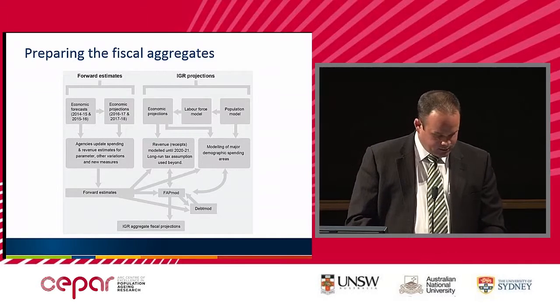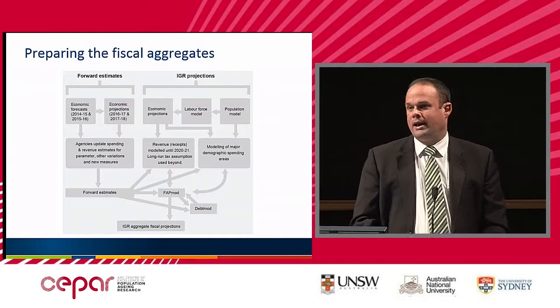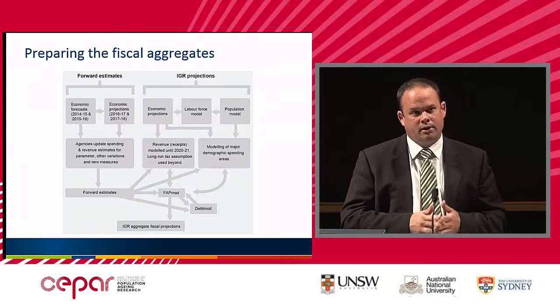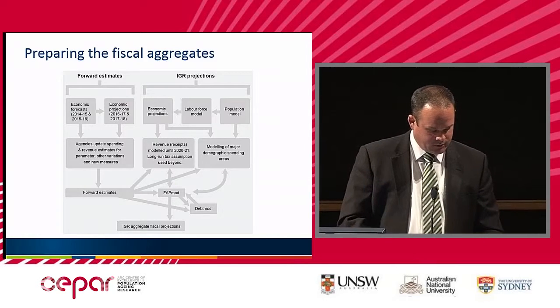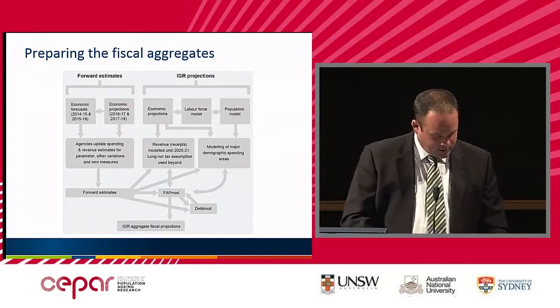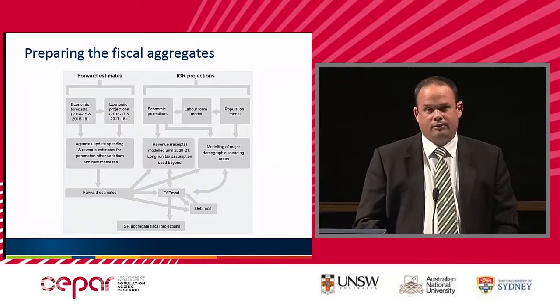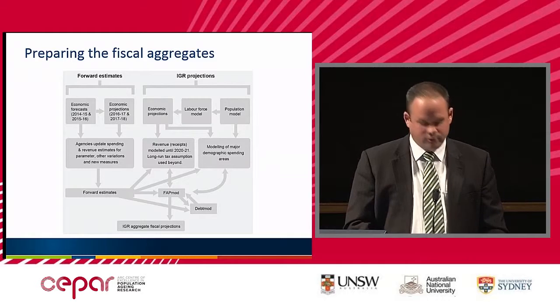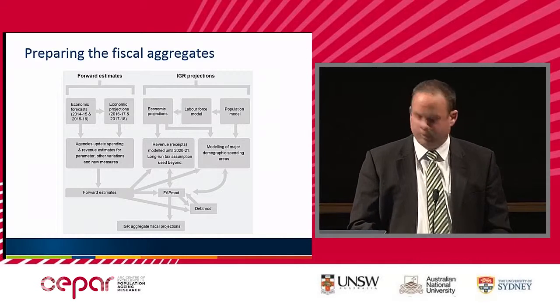The economic projections then extend what we already have in the MYEFO or budget context, which is a 10-year set of economic parameters. And we have to take out to 40 years our best assumptions on things like nominal and real growth, changes in prices across the economy and wages.